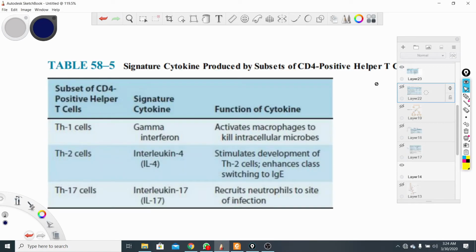So the signature cytokine of Th1, Th2, Th17, and there are a lot of Th cells, is based on the interleukins produced by these cells. Gamma interferon is for Th1 cells, interleukin 4 is for the Th2 cells, and interleukin 17 represents Th17 cells.